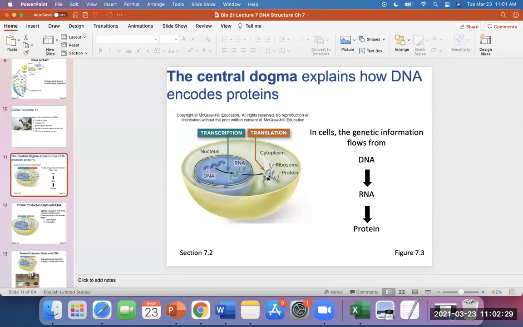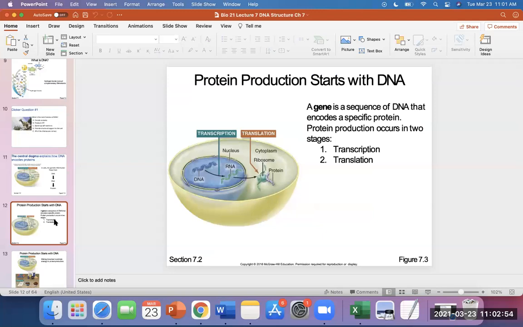What is the location for both of these? Transcription happens in the nucleus and translation happens in the cytoplasm. If you had to be very specific, you would say translation happens inside the rRNA molecule. That rRNA molecule is an enzyme because it's doing work. We will get to mRNA, tRNA, and rRNA as well. Okay.